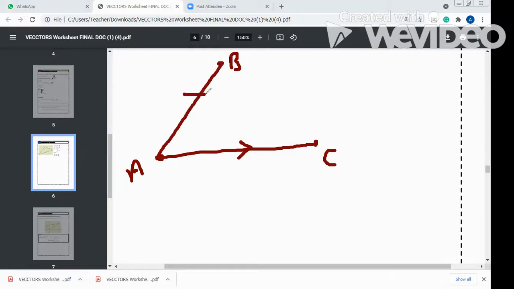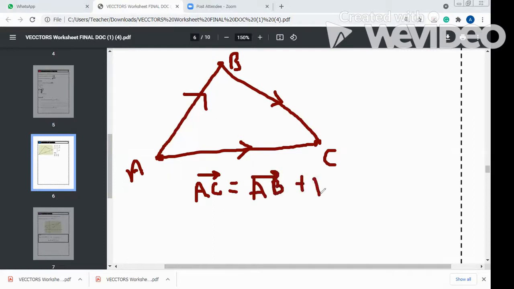A to B and B to C. In other words, AC is just the sum of AB plus BC. Would you agree?